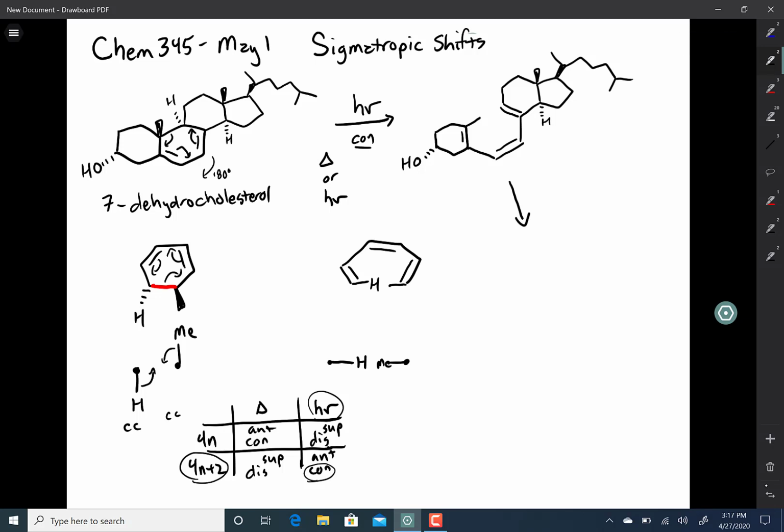Now, this molecule, it turns out, is unstable. It will rapidly do another reaction, and it will do so in the dark even. So it's a thermal reaction where this hydrogen migrates to here. These electrons go here, these electrons go here, these electrons go there.